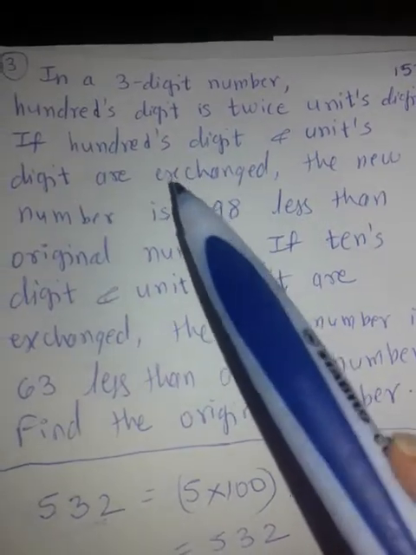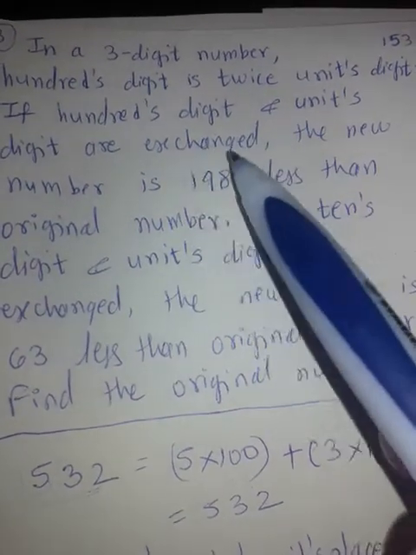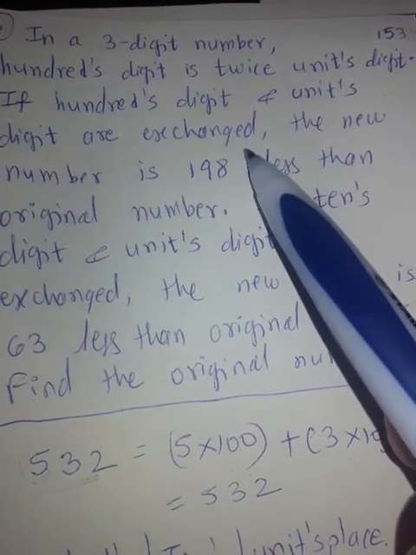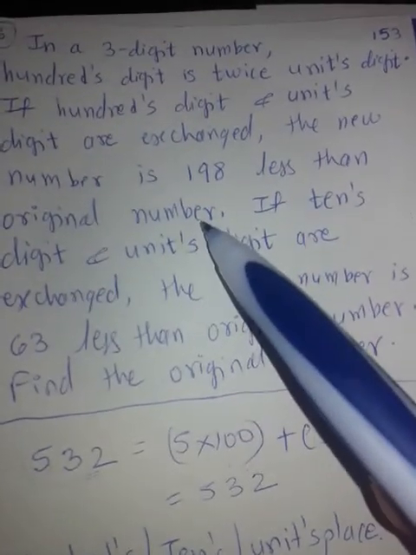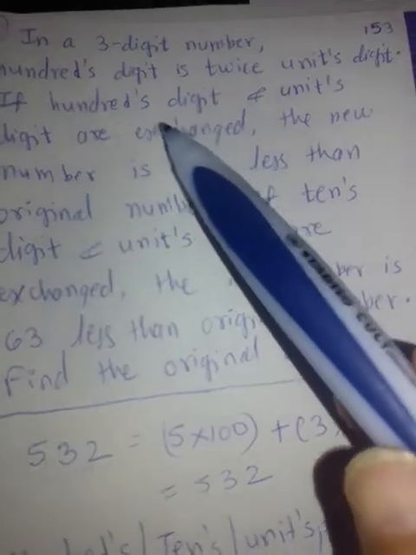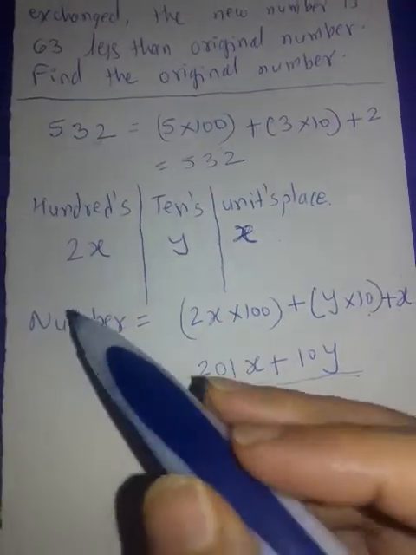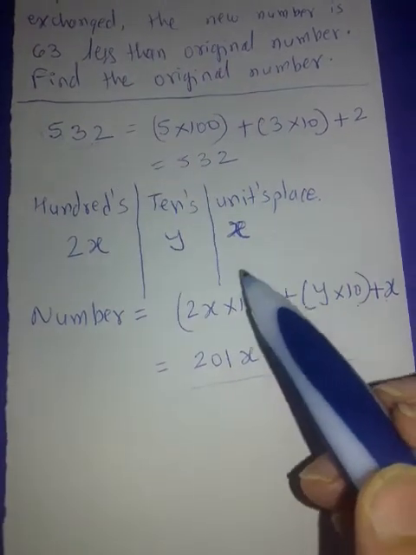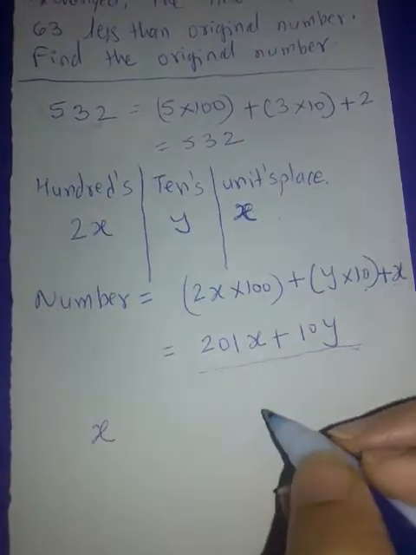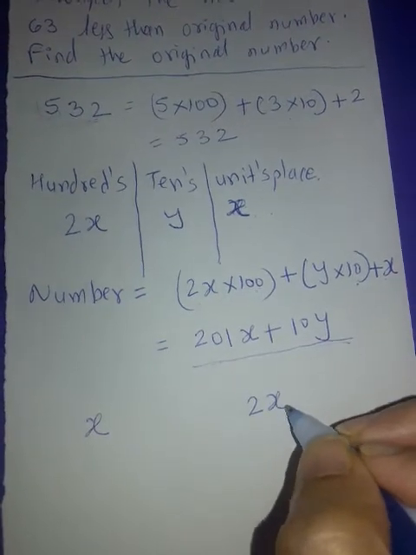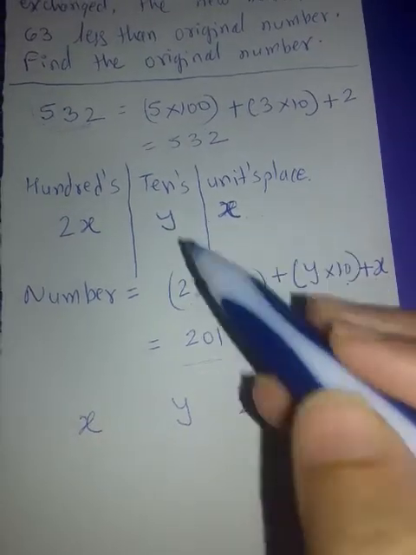And now they are saying hundreds digit and units digit are exchanged and the new number is 198 less than original. So let me see what's happening. Hundreds digit and units digit are exchanged. So now hundreds becomes x, units digit becomes 2x. They haven't mentioned anything about y. So y remains as it is.